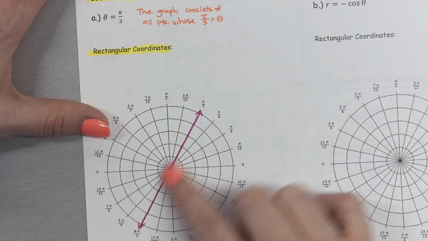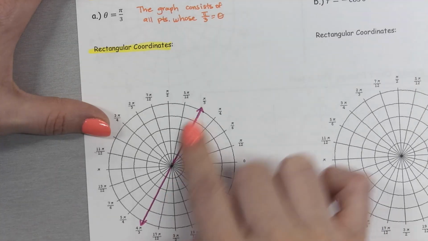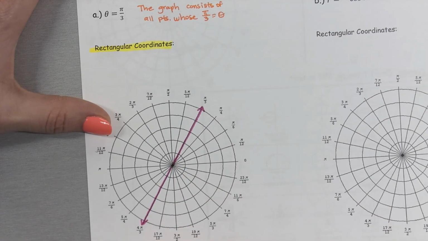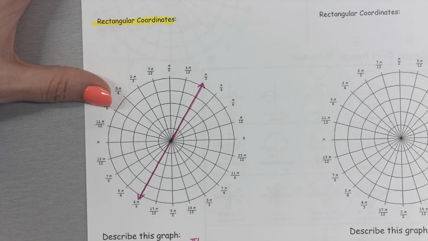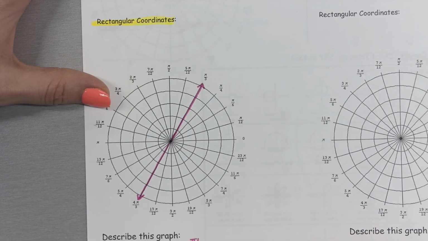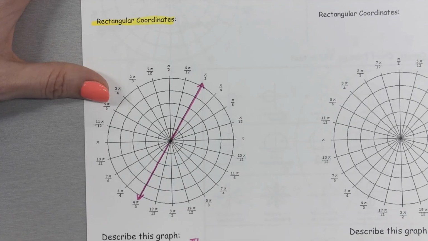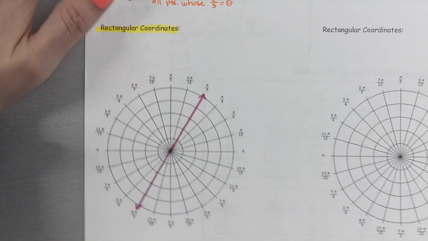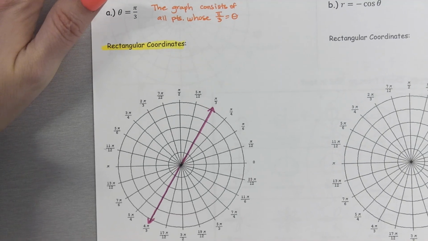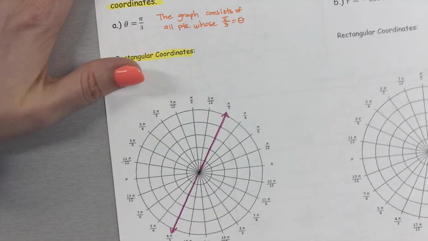But if you have a straight line in rectangular coordinates, a straight line is marked with what form? What's the common form of a straight line? Yeah, y equals mx plus b, right? Okay, so when you are finding rectangular coordinates, you're going to put it in the form y equals mx plus b.